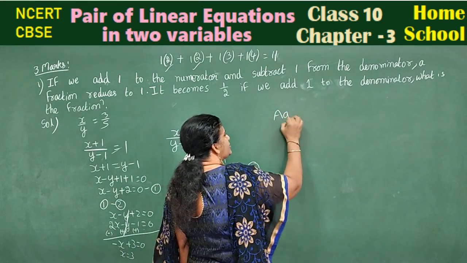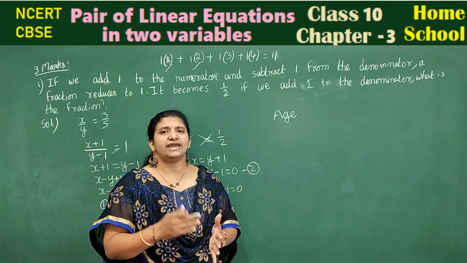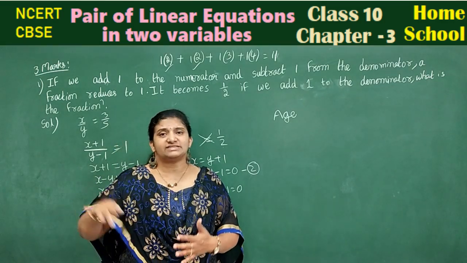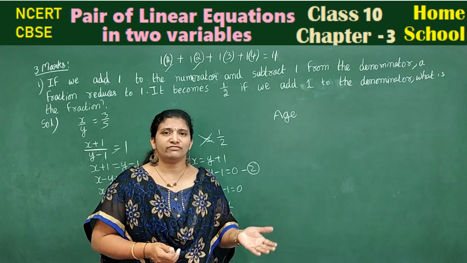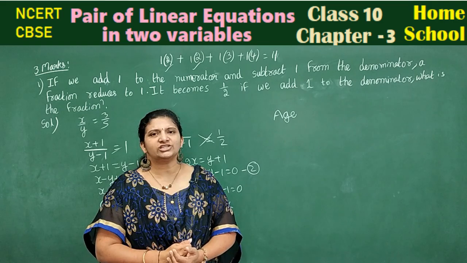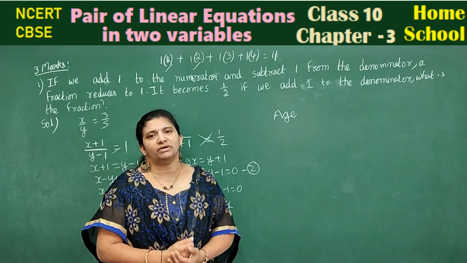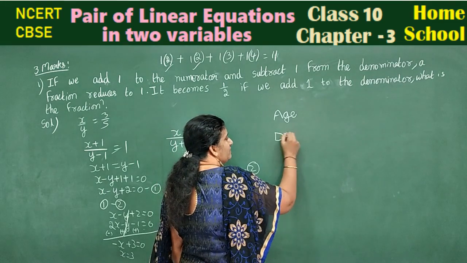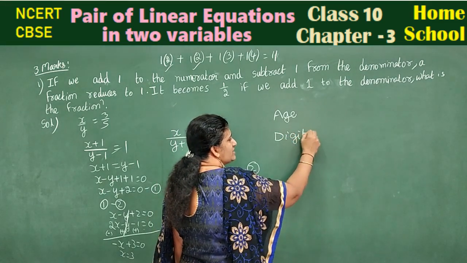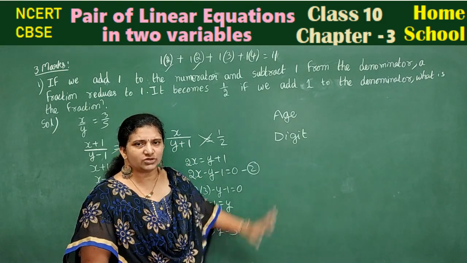Age problem it may be, that is, his brother's age is 3 more than his sister's age, 5 years before, 3 years after. They will be asking that type of questions. And one more will be 2-digit number problem, where digits are interchanged. Like that, they may ask you any problem.